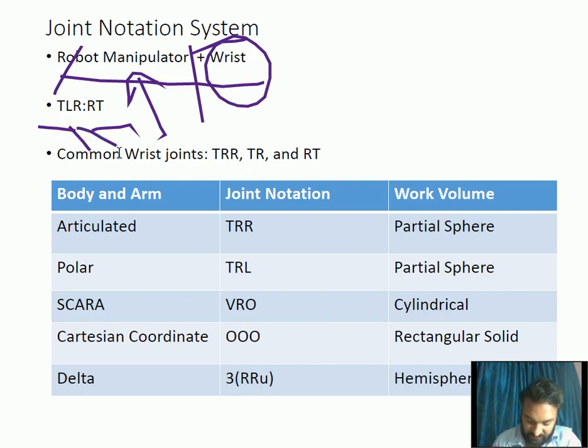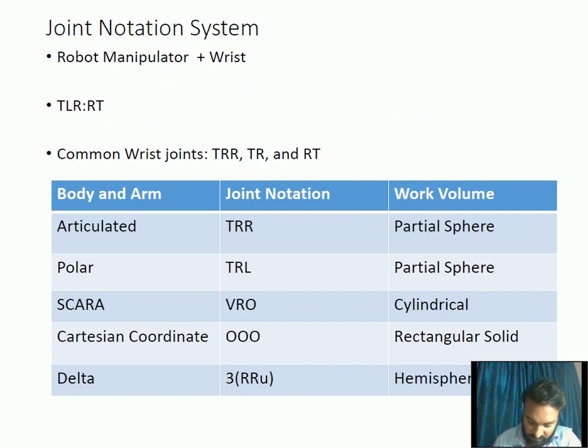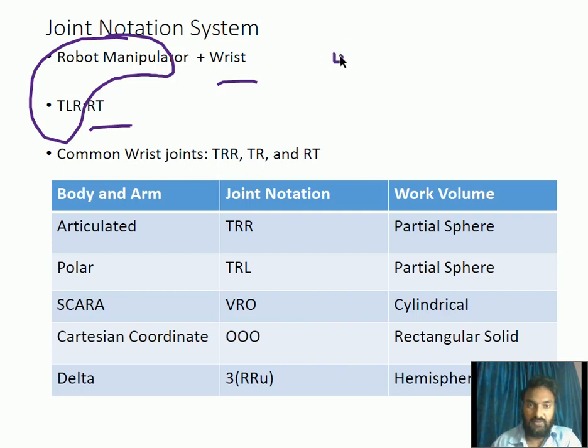For the manipulator, the first 3 are TLR, and for the wrist the last 2. So we need a colon to separate the manipulator and wrist. Okay, so the first 3 are for the robot manipulator and the last 2, RT, are for the wrist.